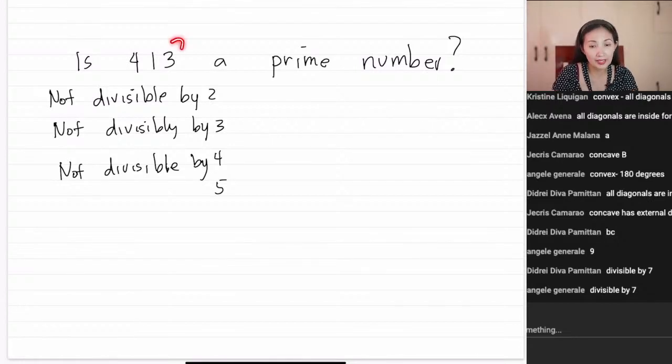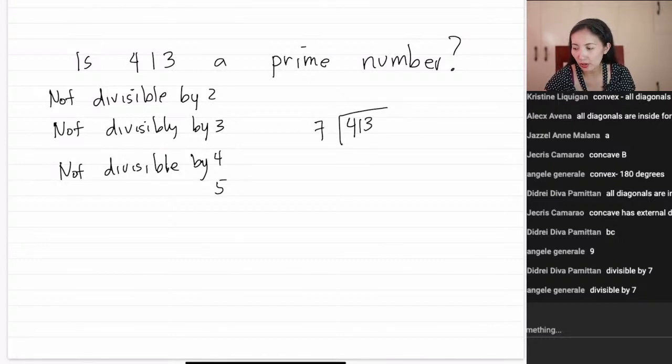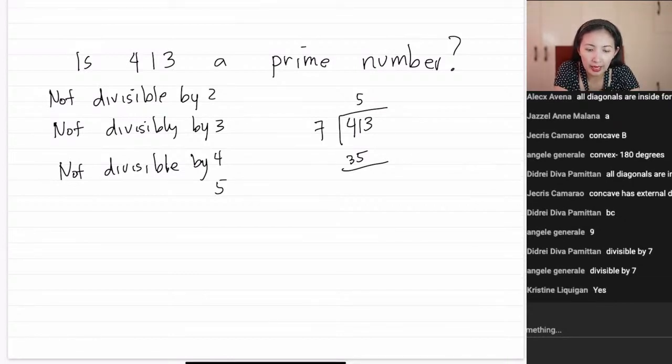Is it divisible by 7? Okay, 4, 1, 3. So let's do it manually. 413 divided by 7. 5, 35. Correct? Your answer is, it's divisible by 7, because 413 divided by 7 is exactly equal to 59.